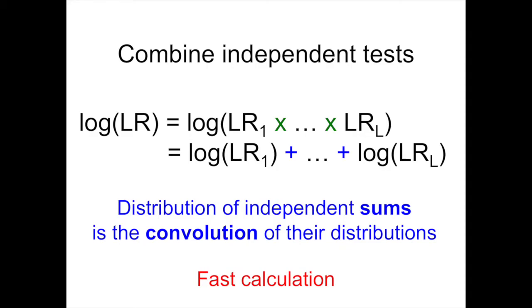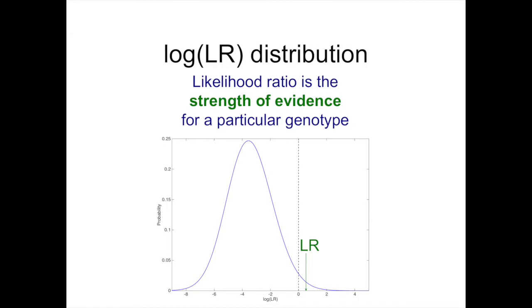And so you get an essentially instantaneous calculation of the distribution of what the likelihood ratios look like, say, under the prior assumption of the chance that this is a random person. Here's an LR distribution calculated from that sort of convolution of these separate functions.